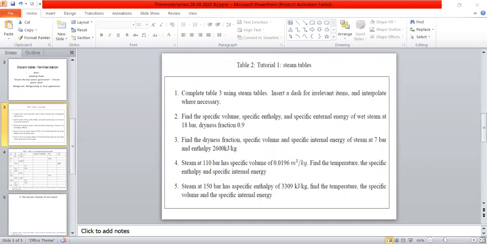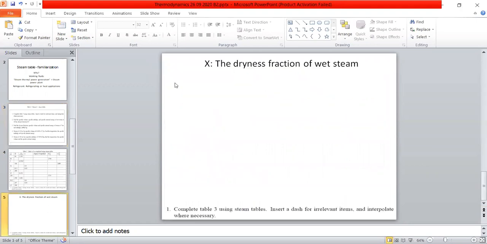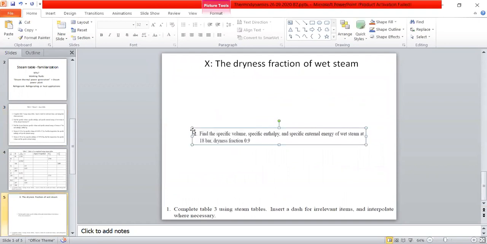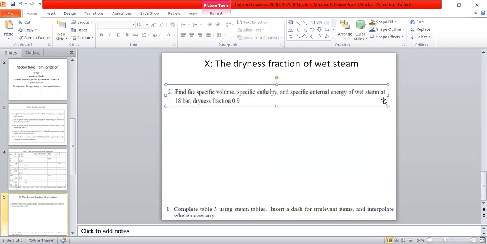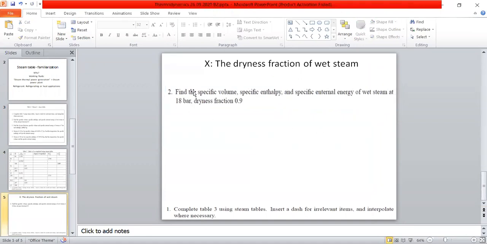Okay, this is question number 2. Find the specific volume, specific enthalpy, and specific internal energy of wet steam at 18 bar and dryness fraction of 0.9.